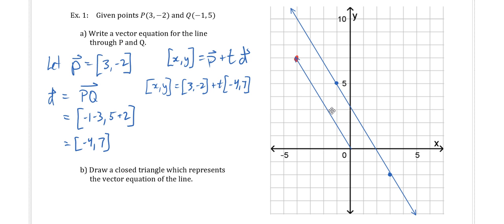Parallel. Okay, so I've got P. This was point P here, this was point Q. So if I think about those two vectors individually, and then vector PQ was the one that I found the direction vector for, and it makes a closed triangle, which you can think of as how we found the equation of that line.